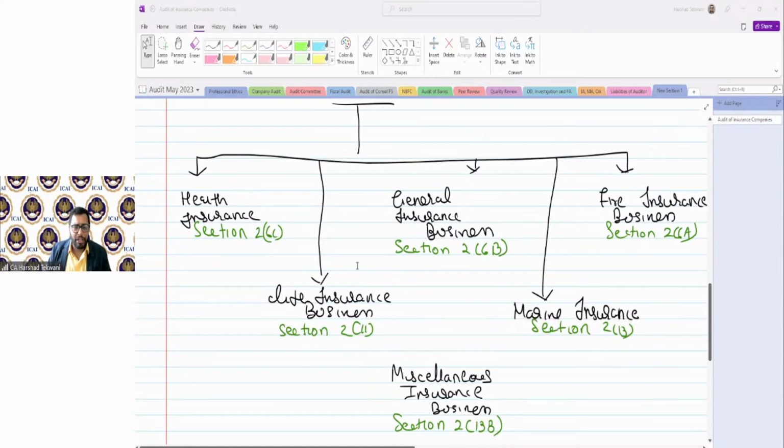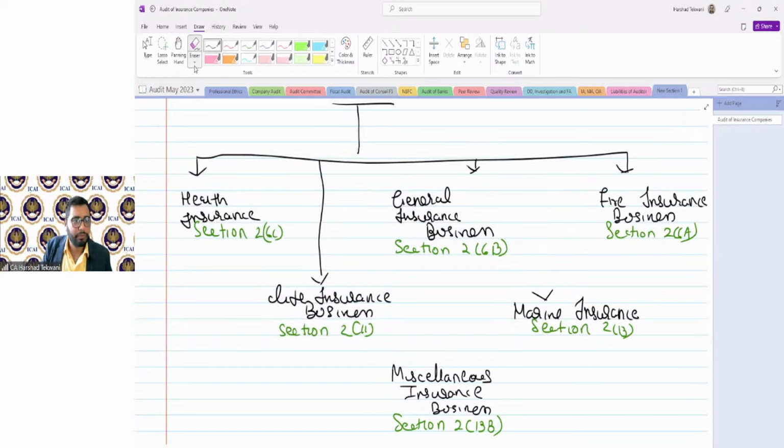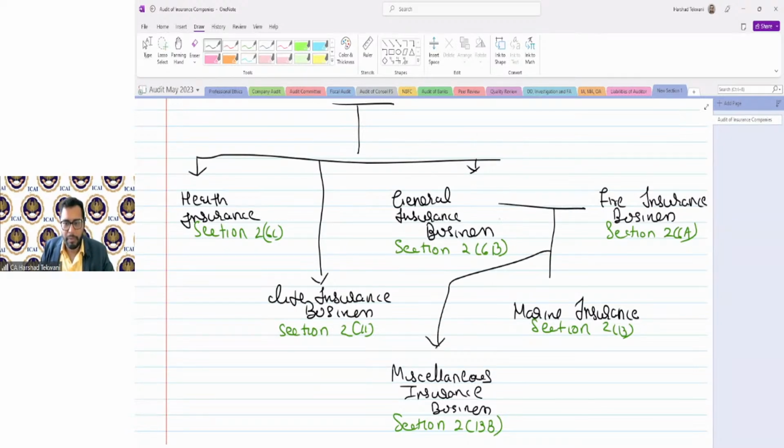So life, health and general are the three prime categories. Then general has three bifurcations: fire, marine and miscellaneous.